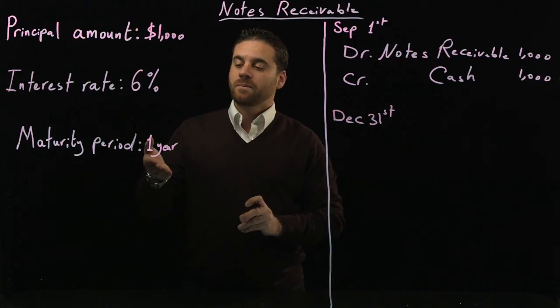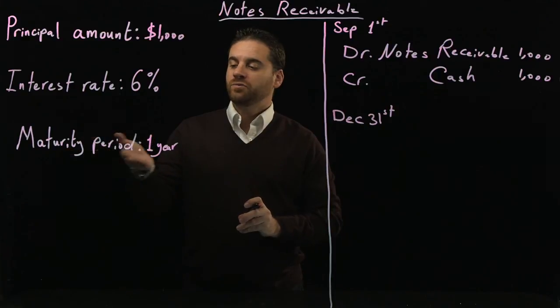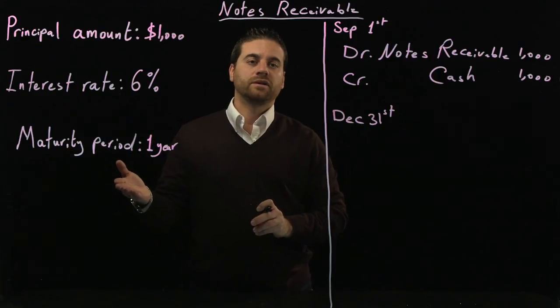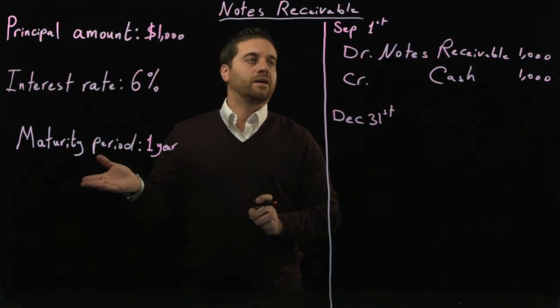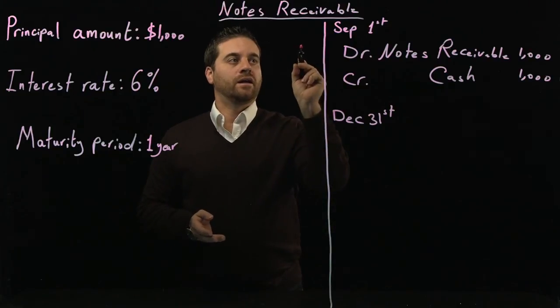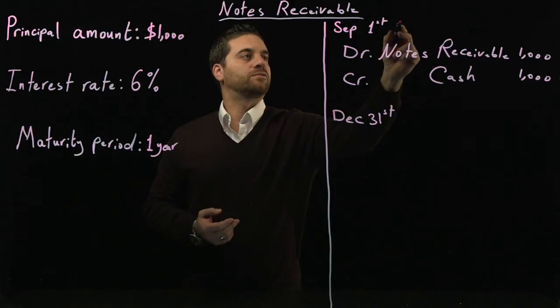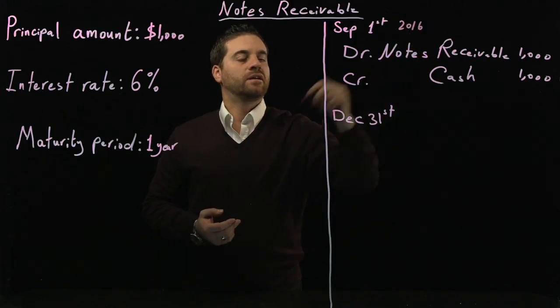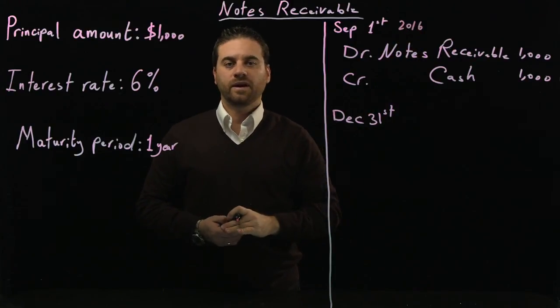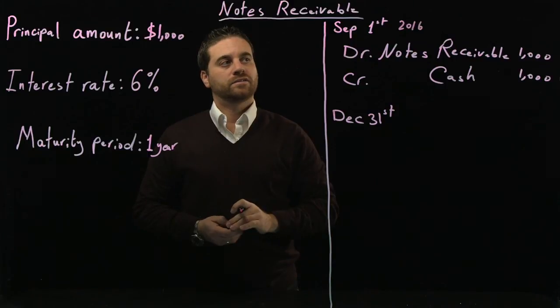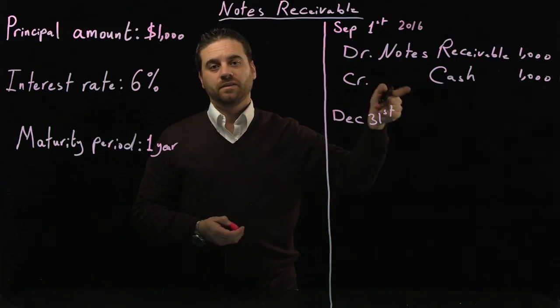So if it is 1 year, that means it's going to mature for payment on August 31st the following year. Let's say that was September 1st, 2016, and then they will come back to pay on August 31st, 2017.